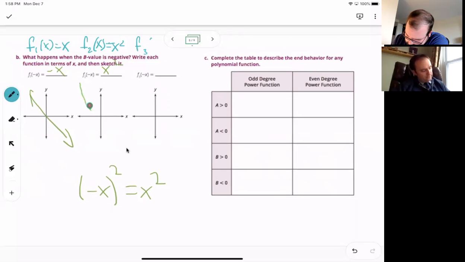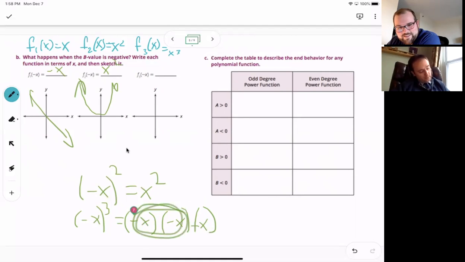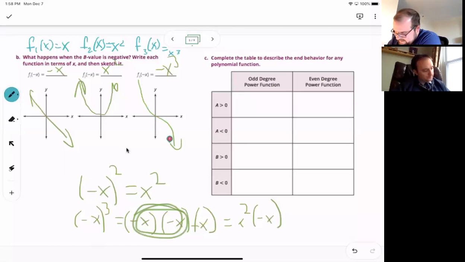And then f3 was x cubed, so I plugged in negative x for it. So negative x squared, which is x squared, times negative x, which is negative x cubed. And that's going to be this idea.